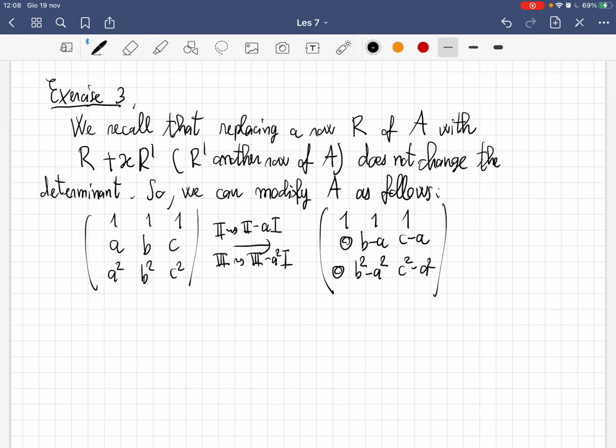Okay, so let's write it. This is a little bit tedious, but not so much, fortunately.